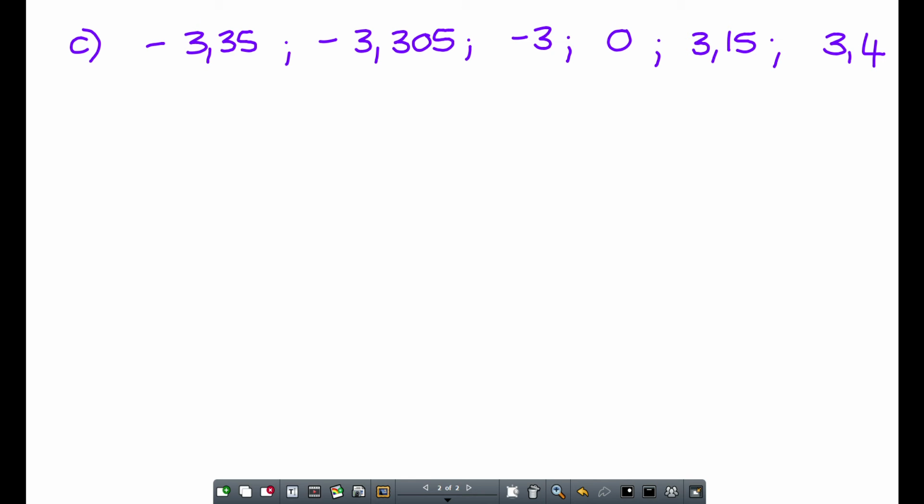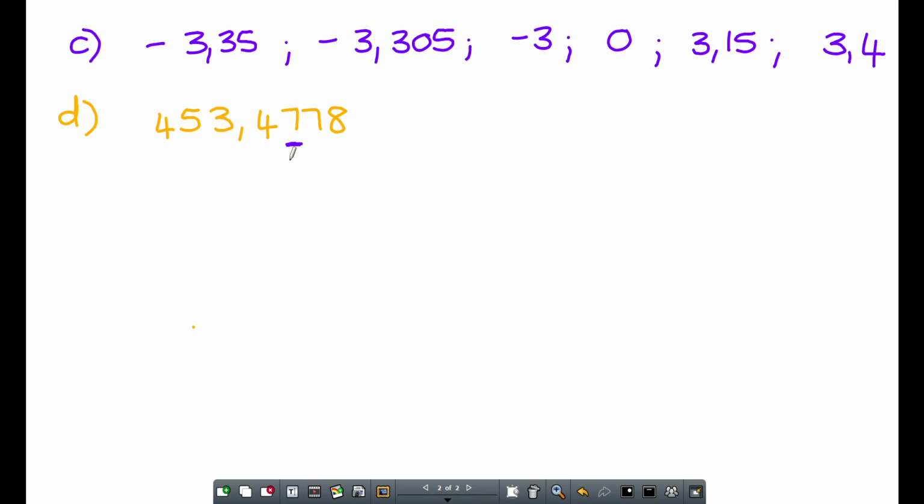Right, now at D we had to calculate. Oh no, I'm lying. Round off. Sorry. D says round 453,4778 off to the nearest 100th. Now where would my 100th be? In front of the 7.